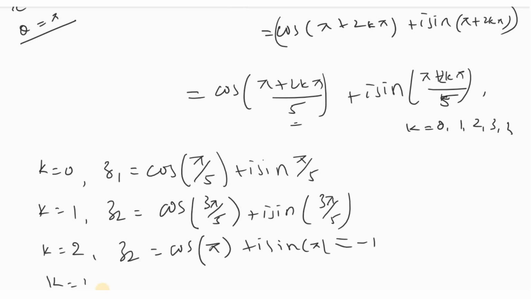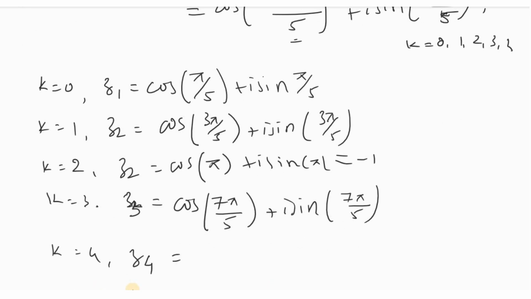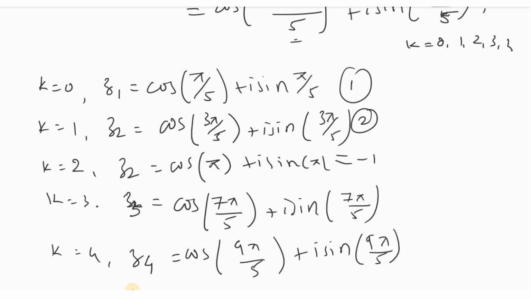And k equal to 3, you will have z3, that is cos 7 pi by 5 plus i sin 7 pi by 5, and k equal to 4 will give z4, which is cos 9 pi by 5 plus i sin 9 pi by 5. So the solutions of the given equation are these four roots: first root, second root, third root and fourth root.